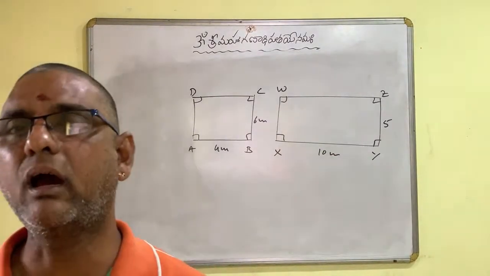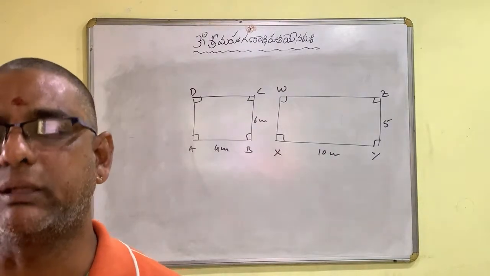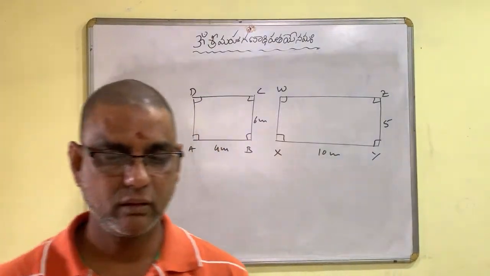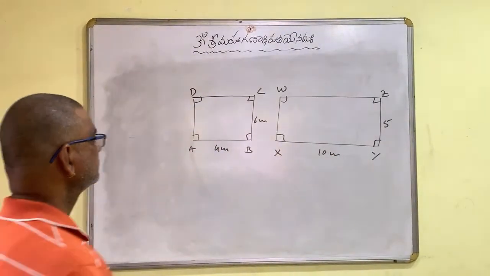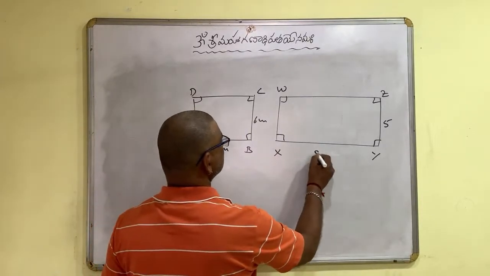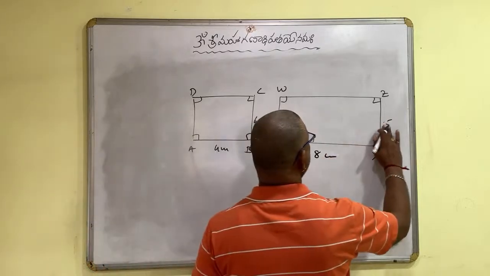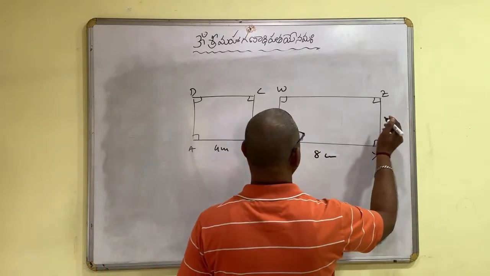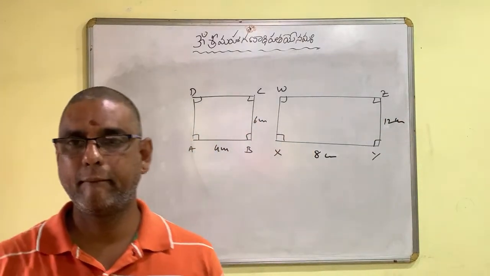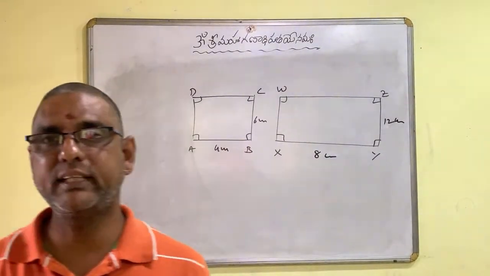But we can't give a statement that two rectangles are always not similar. We cannot give a statement like that. Why? Observe here. Now see the ratios.